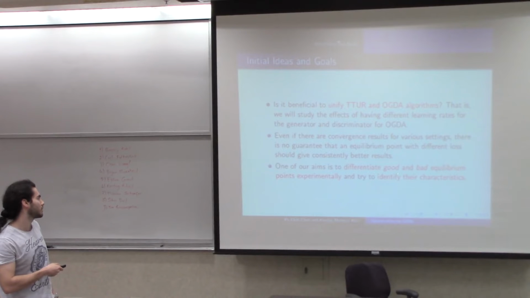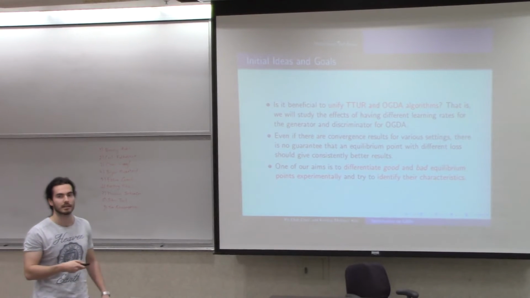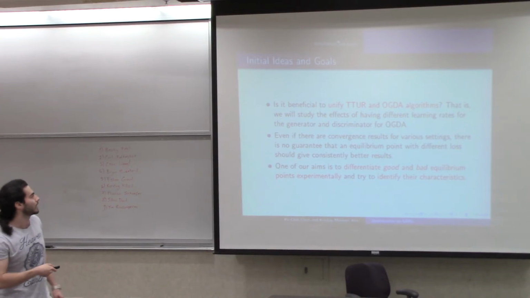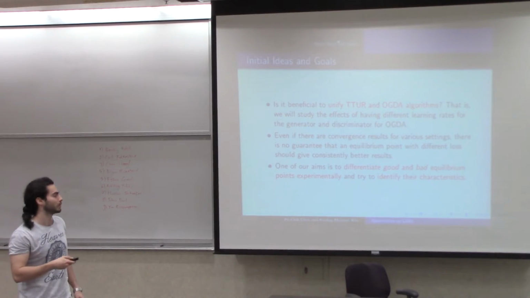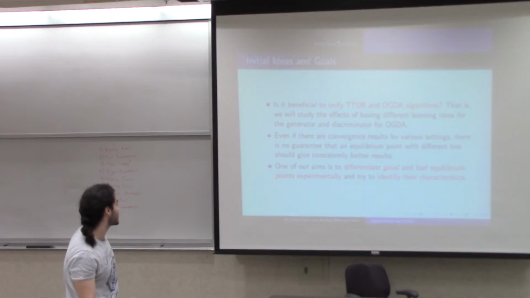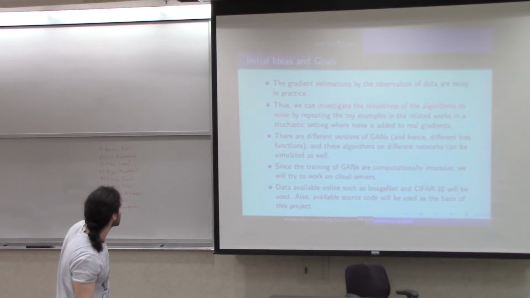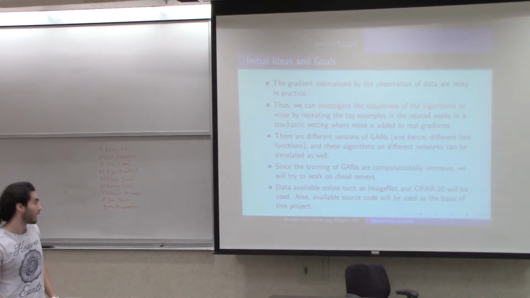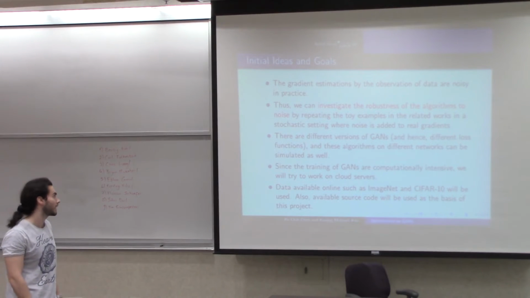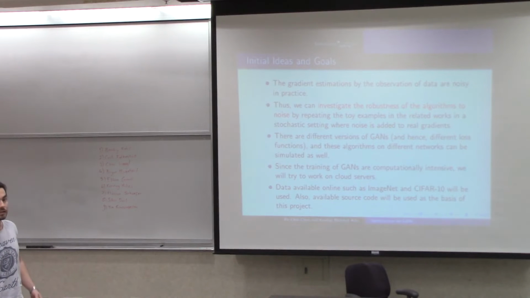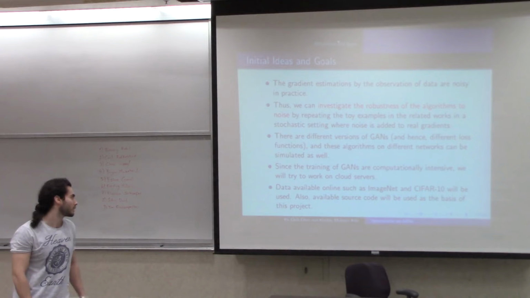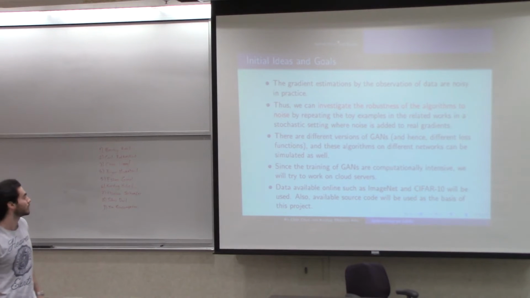We will probably not provide a theoretical background, however, we will try to understand the characteristics of the equilibrium points by doing extensive simulations. In general, gradient estimations are noisy, and we can investigate the robustness of the algorithms to the noise, which is also not done in the previous works.